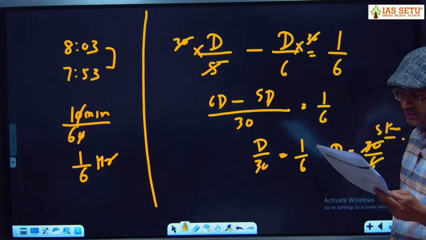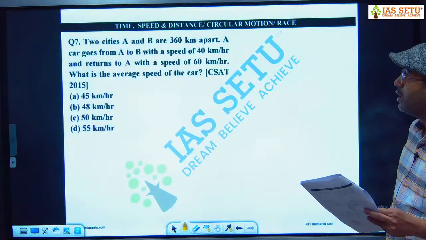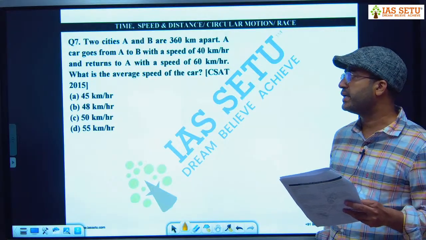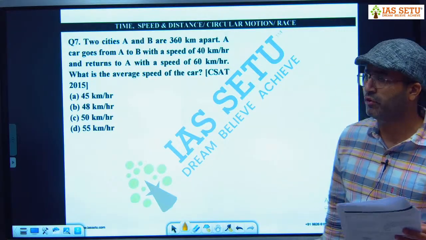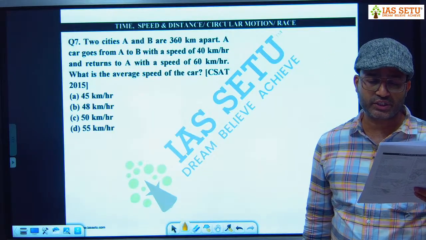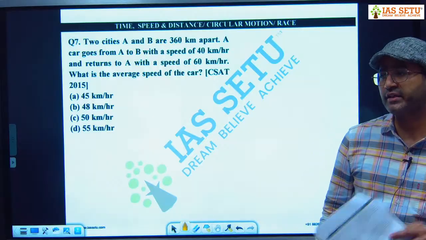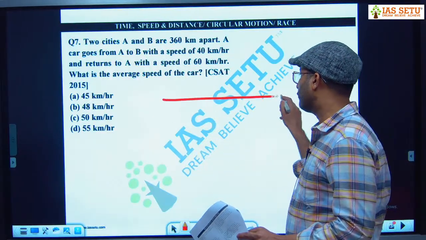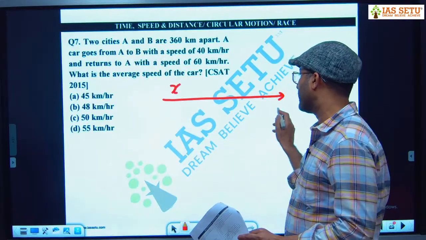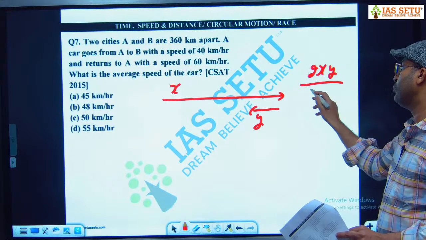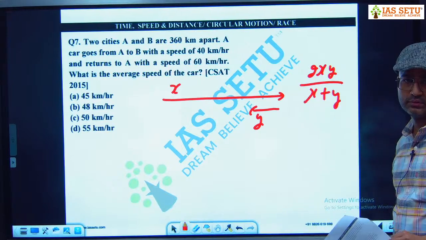Next is question number 7. Two cities A and B are 360 km apart. A car goes from A to B with a speed of 40 km per hour and returns to A with a speed of 60 km per hour. What is the average speed of the car? For average speed, I told you when we go from one place to other place with a speed of x, come back with a speed of y, we have 2xy upon x plus y.